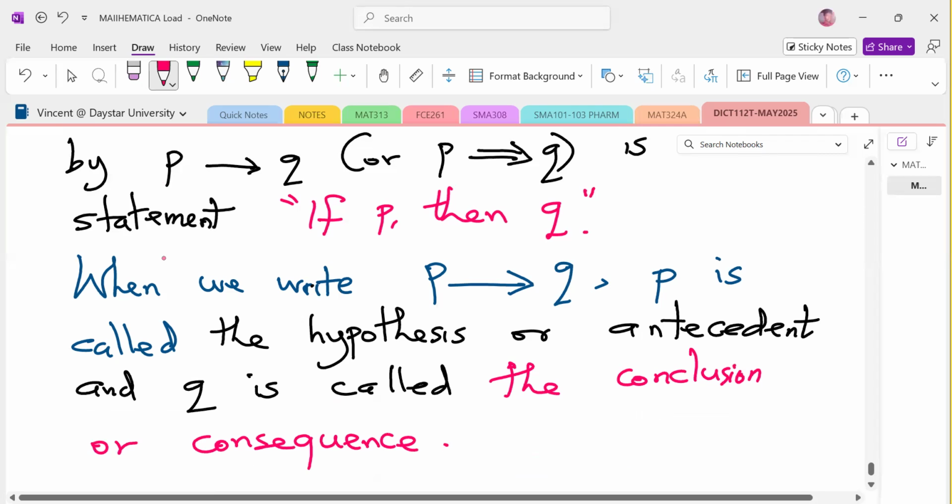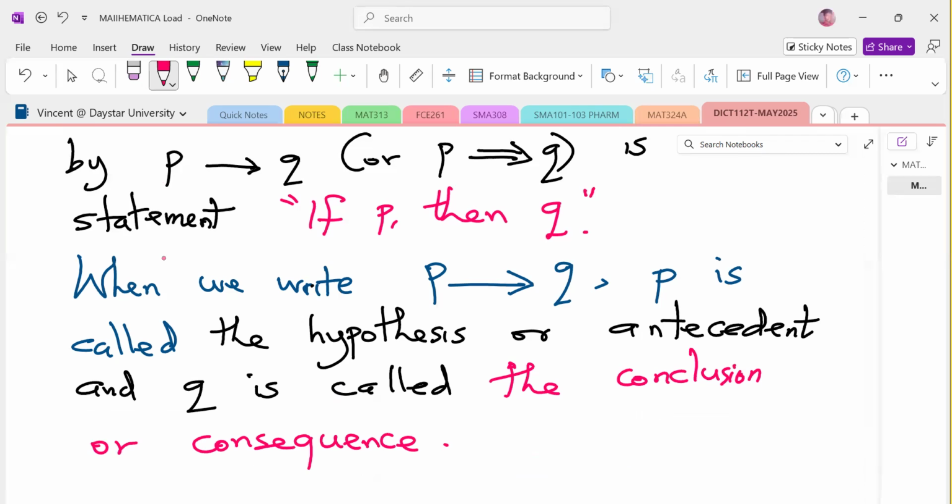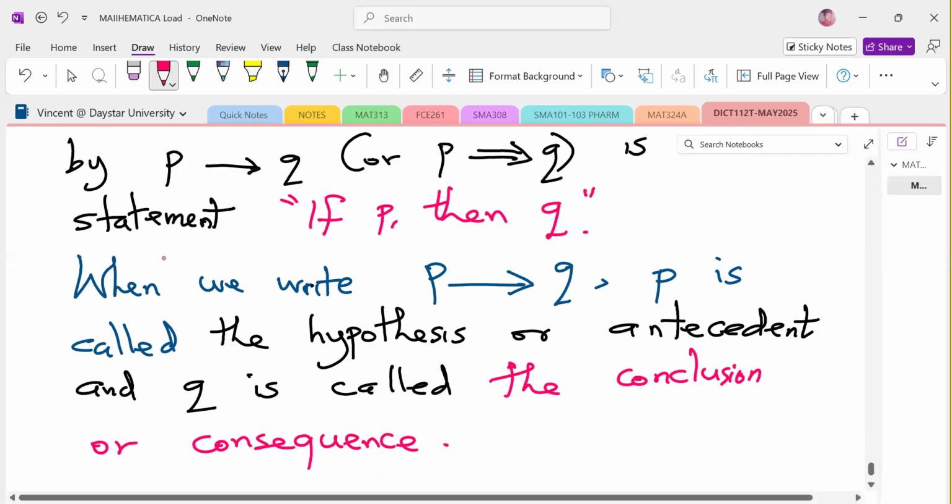So when we write this one, the first statement is called the hypothesis, while the second statement is called the conclusion. So that should be very clear from the start. And this simply means if P, then Q.